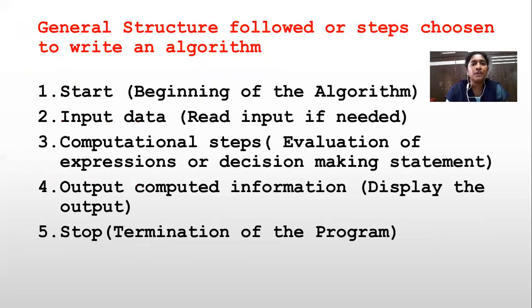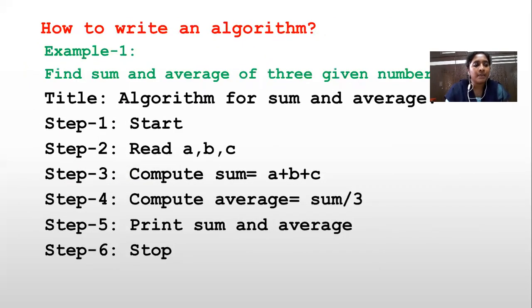General structure of writing an algorithm. It should have start, input data, and the evaluation process, which means the processing part, and then output and terminating point. This is an example of writing an algorithm to find the sum and average of 3 given numbers. For writing this, we have to clearly write down the instructions stepwise.